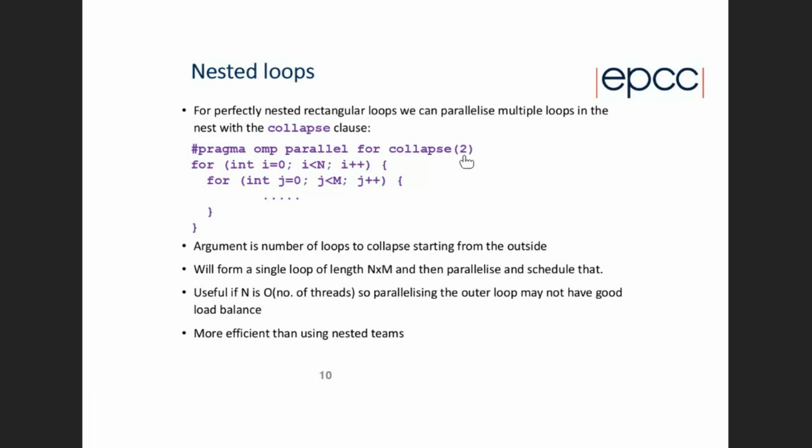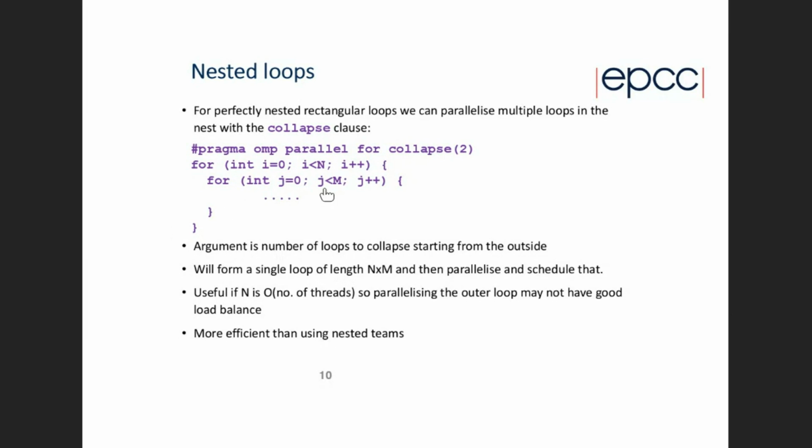So the argument here is the number of loops to collapse, counting from the outside. So if I want to parallelize both the i and j loops here, then I use collapse 2. So what this does is that it will transform this nest of loops into a single loop.